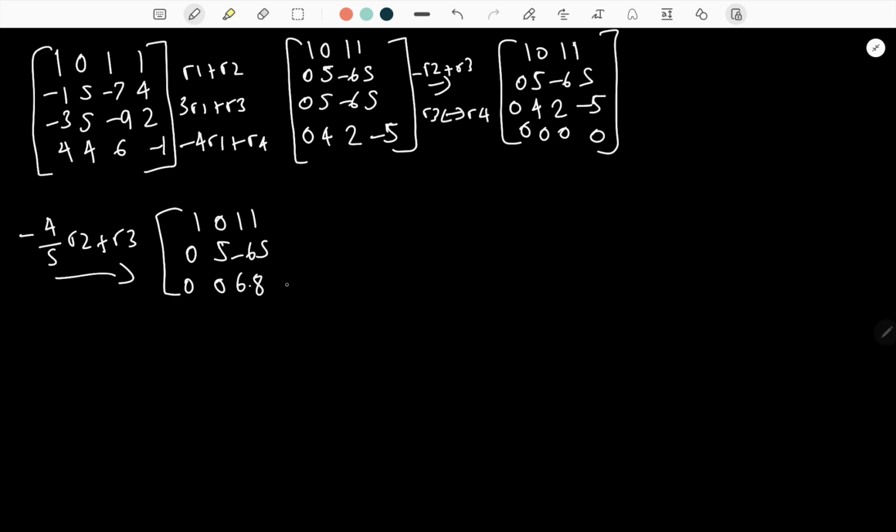And then the last thing is minus 9, and then we have 0 0 0 0. So this is the final answer. You can notice that we have a fraction or decimal, and this is a 0 row at the bottom.